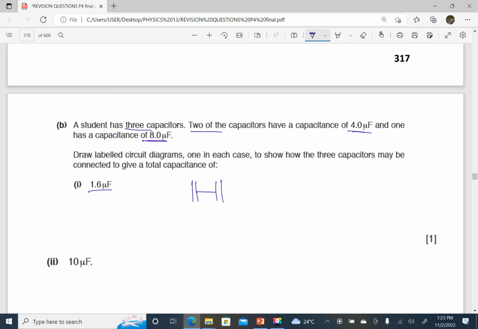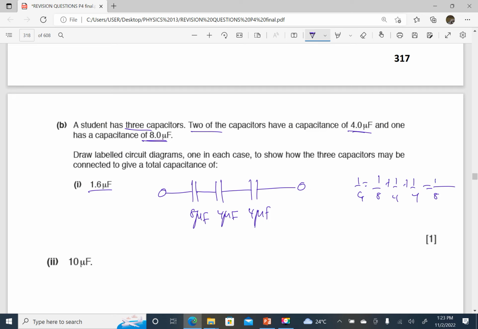LCM is 8. 8 gives us 1 plus 2 plus 2, which gives us 5 over 8. Yes. So we get now the reciprocal. C total is going to be 8 over 5. Let me check. 8 divided by 5 is 1.6. So this is correct.